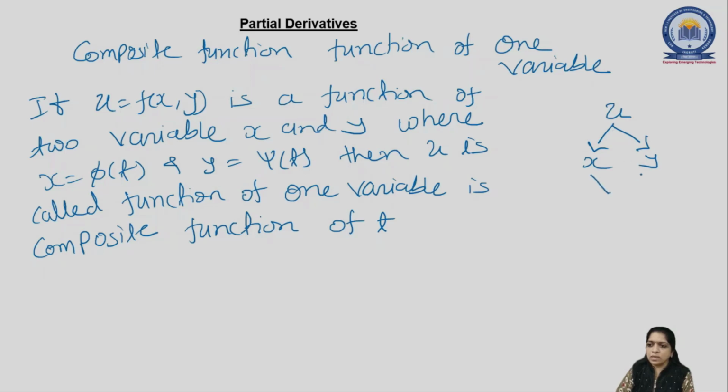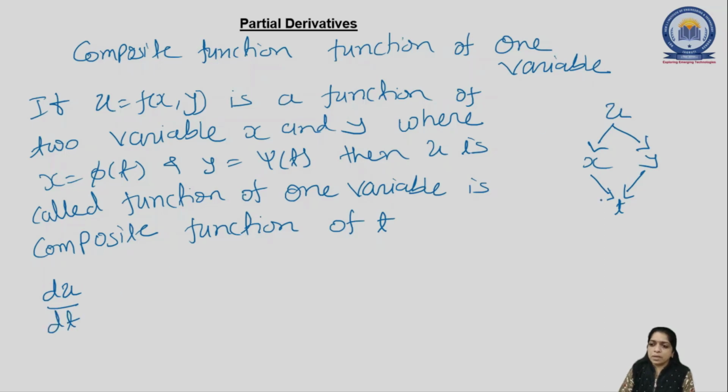on one variable only, that is t, right? So here u indirectly depends on the one variable, that is t. So we can represent the derivative of u with respect to t as du by dt.